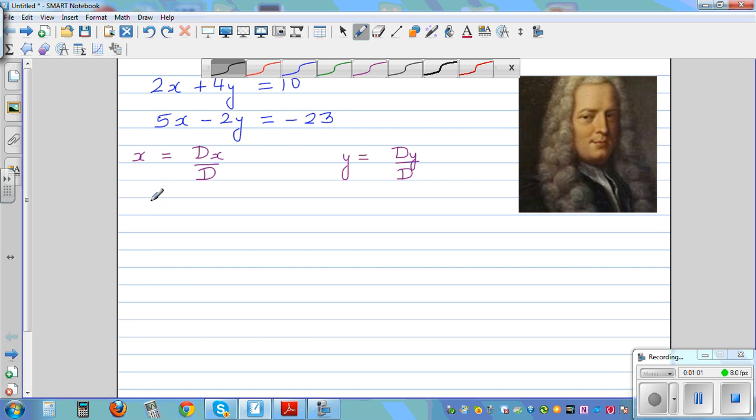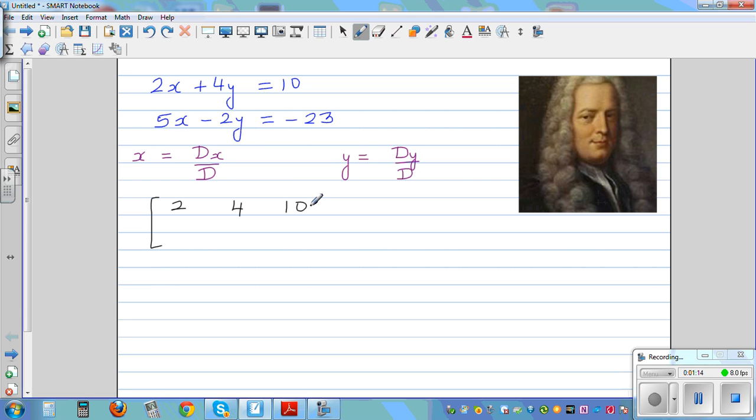Okay, now what is a matrix? Matrix is numbers written in an order. Say here the numbers that you can see are 2, 4, 10. So this is called a row of numbers, and the next row that you can see is 2, 5, negative 2, negative 23. This is a matrix.